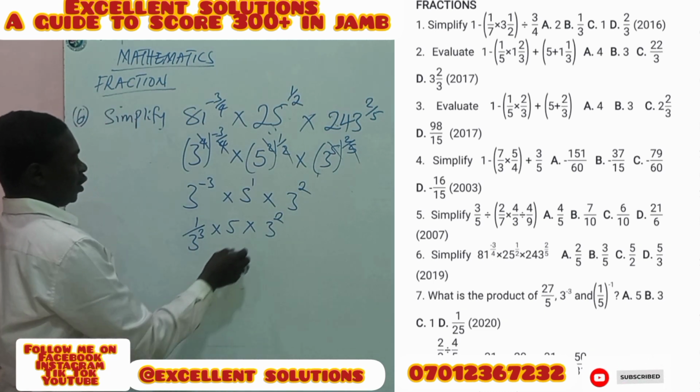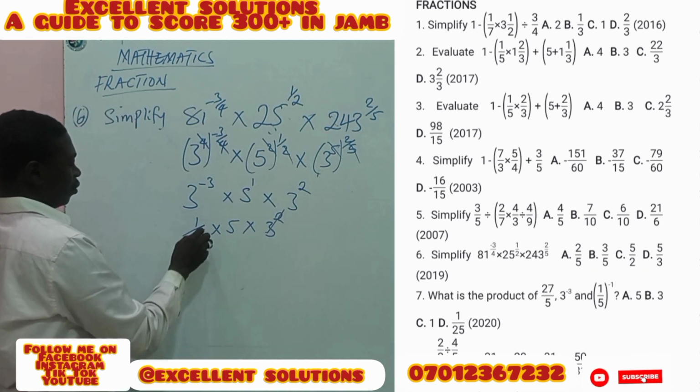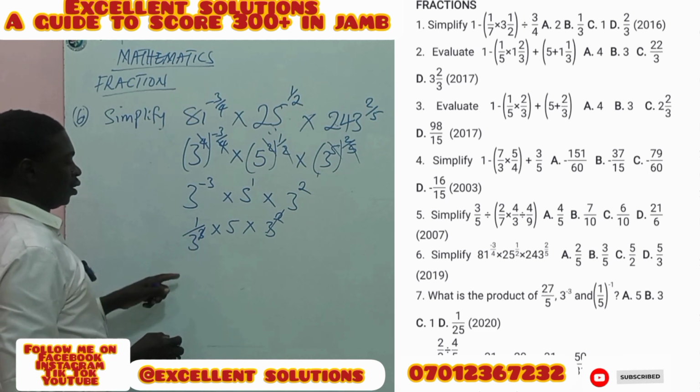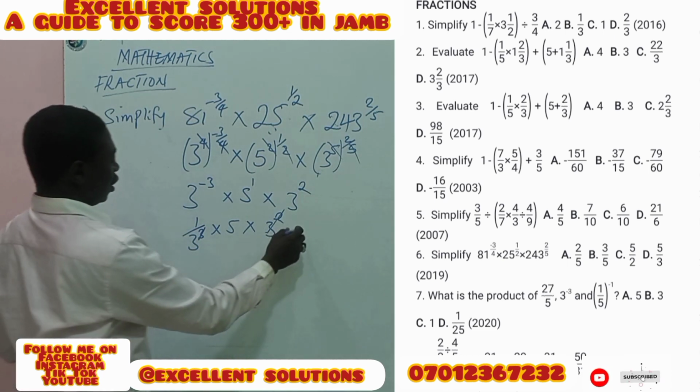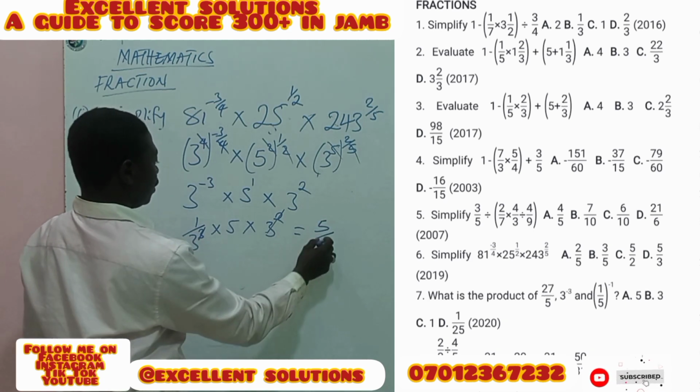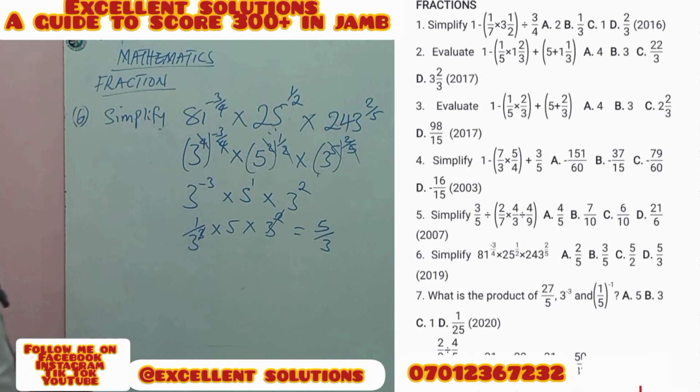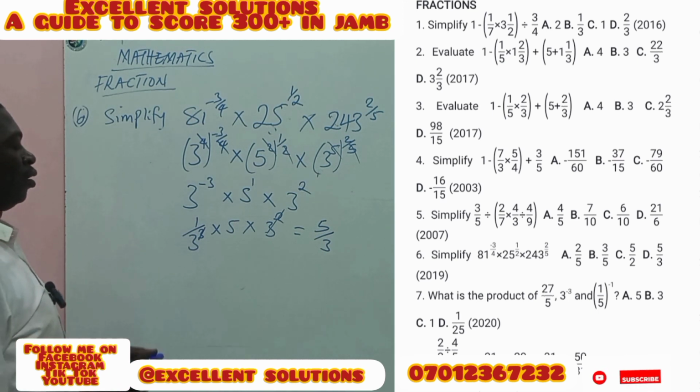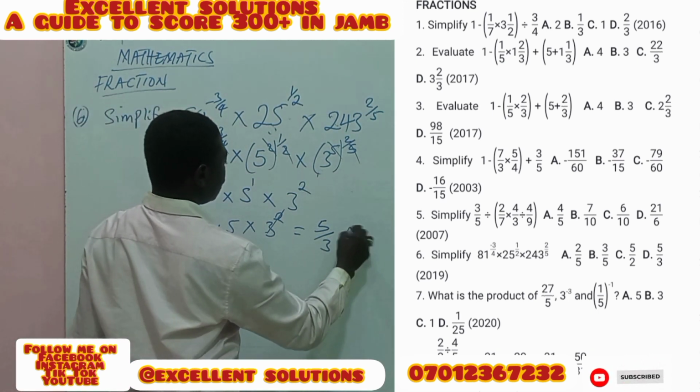So we look carefully here, this 3 square can go with this 3, so we are left with 3. So this now becomes 1 times 5, we have 5 over 3. And if we look at our options, we have in option D 5 over 3, and the answer is option D.